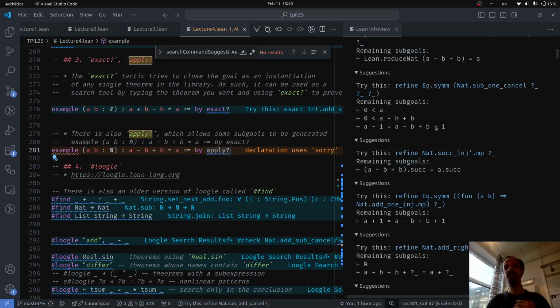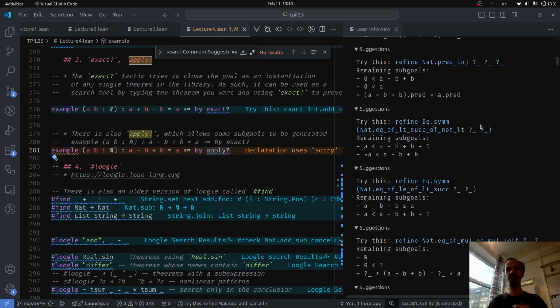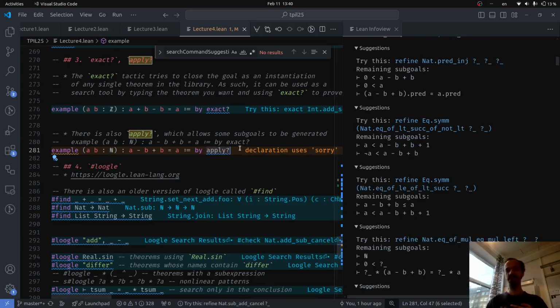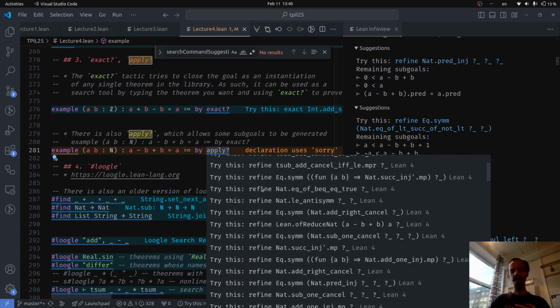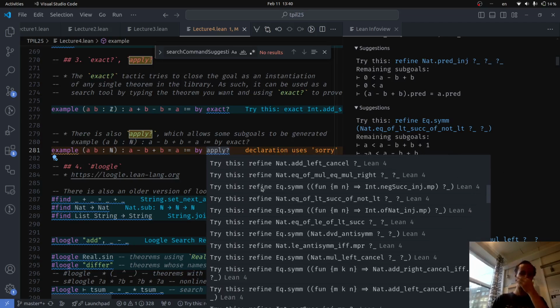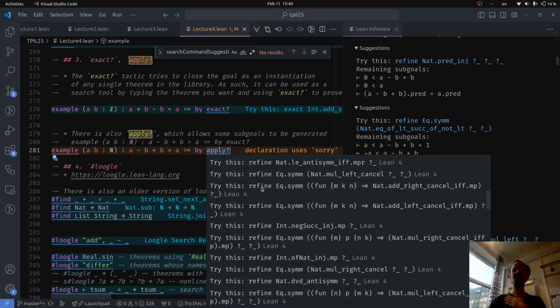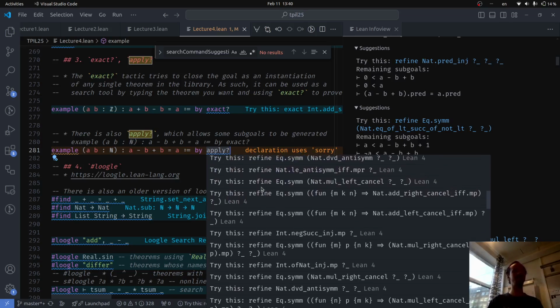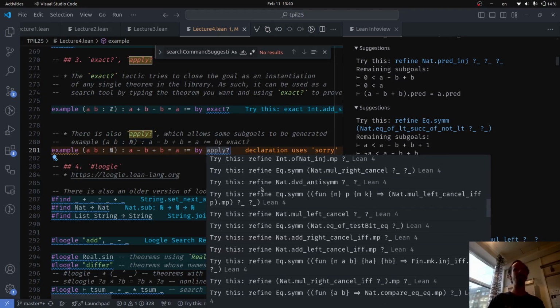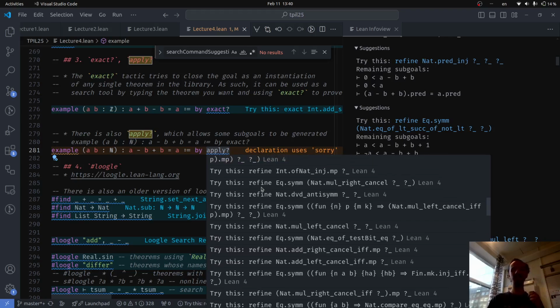It also generates a ton of other things, and honestly, apply? is, I would say, not that helpful, because when you leave open sub-goals, there are lots of trivial things that you can do that don't really make progress. Like you could apply Nat injectivity. Maybe you wanted to prove it about integers instead.